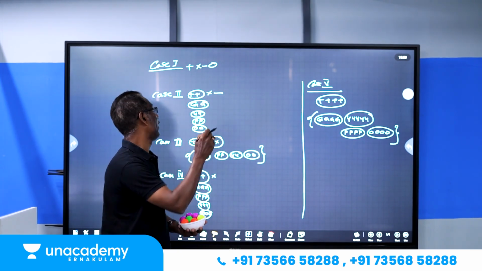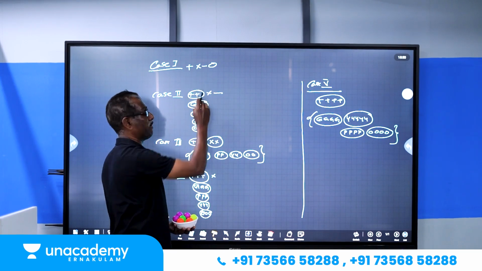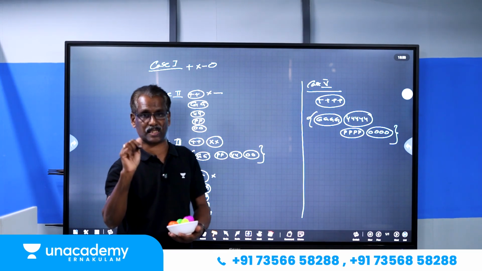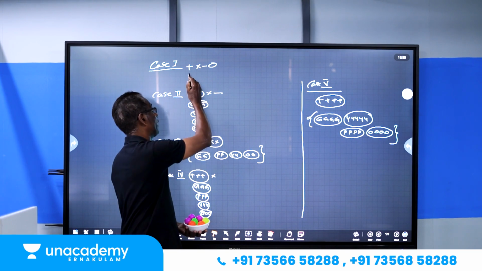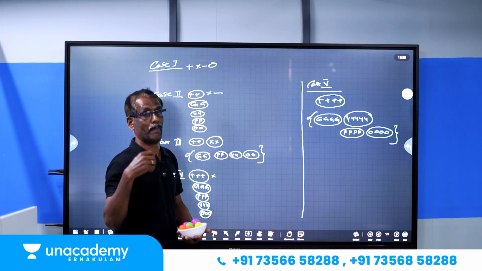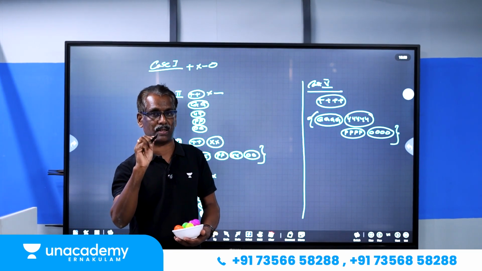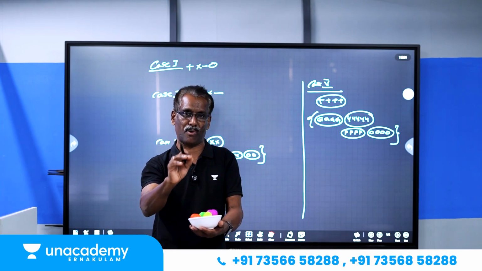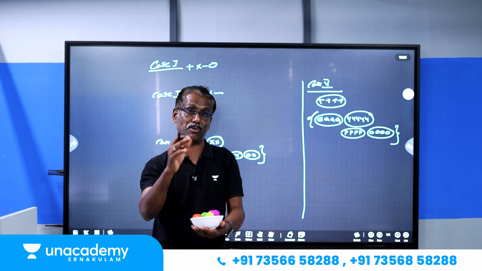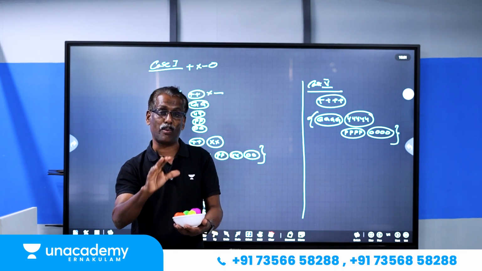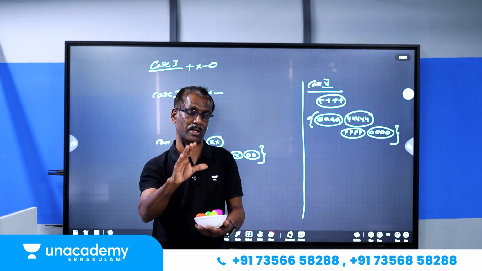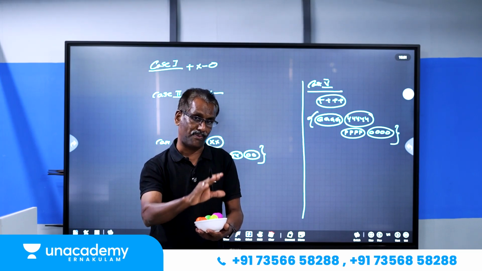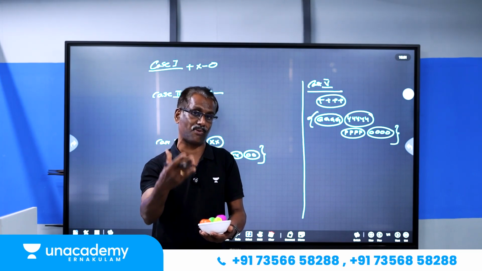See the cases. First case, all the 4 ladus are distinct. That is why I use the notation of addition, multiplication, subtraction and circle. That means out of 24 ladus, you are taking 4 ladus. All the 4 ladus are distinct. How many distinct ladus? 4 distinct ladus. Out of 4 distinct ladus, you are taking 4.